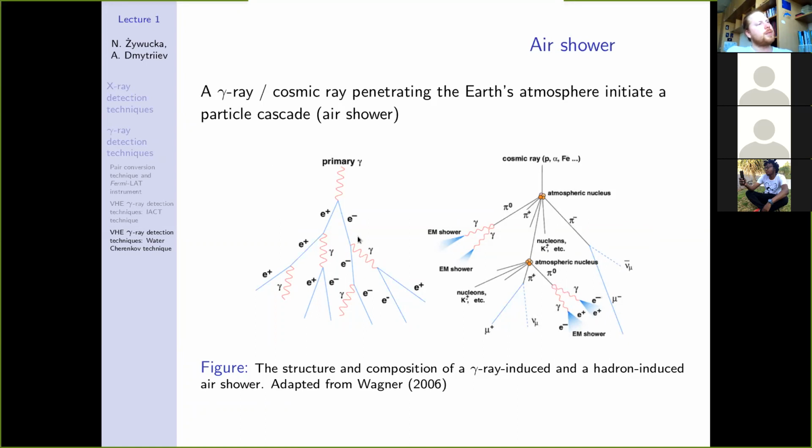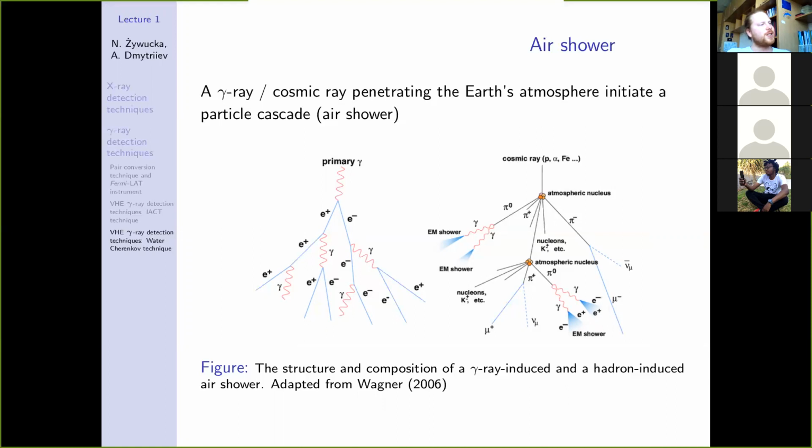While for a primary gamma ray penetrating the Earth's atmosphere, it's much simpler. Bethe-Heitler pair production gives you an electron-positron pair, when the first interaction occurs at an altitude around 20 kilometers above ground level. Then these particles interact with the atmosphere via Bremsstrahlung.